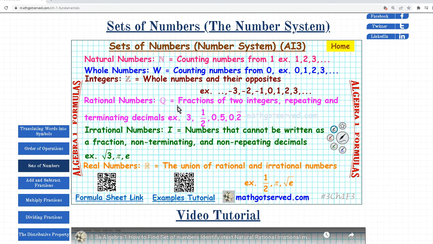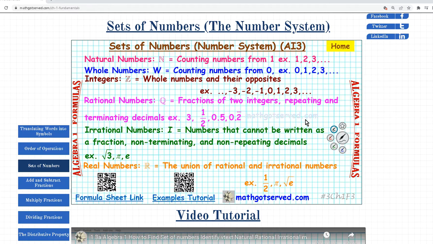And then rational numbers are any number that can be written as a fraction of two integers. All integers are rational numbers because you can write every integer as a fraction. In decimal form, they are repeating or terminating decimals. For example, 1 over 3 is 0.333 repeating, that's a rational number, or 0.5, it stops there for 1/2, that's a terminating decimal.